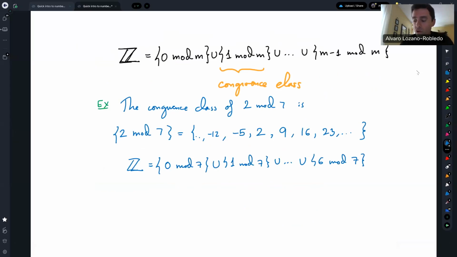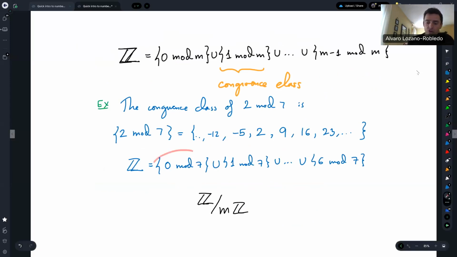And what we're going to do is define an object or a number system called Z mod MZ, such that these subsets are the elements. So we're going to define an operation so that we can work with these subsets as if they were numbers themselves.